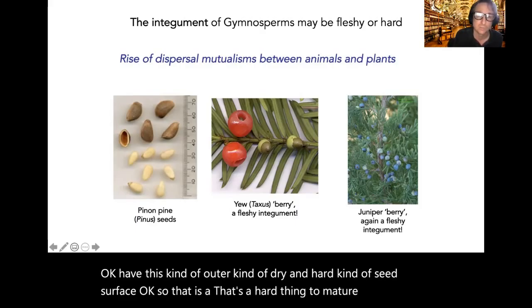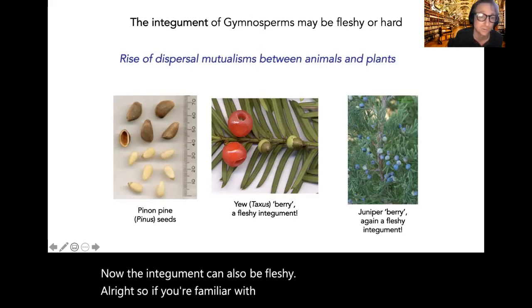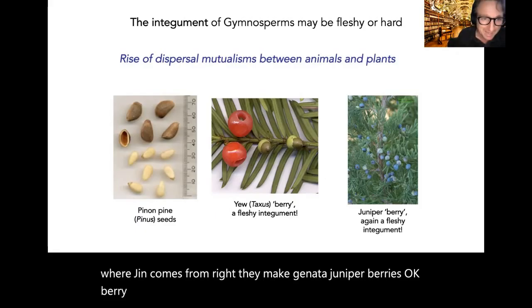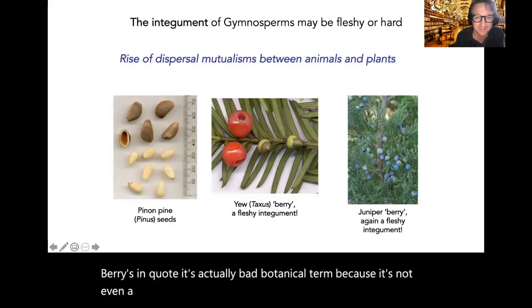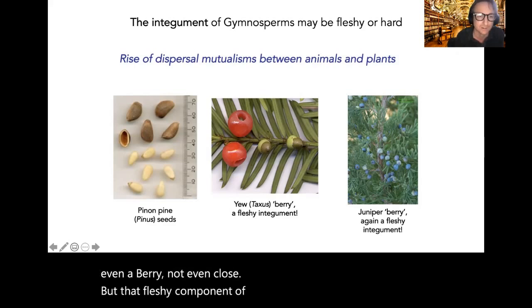Now the integument can also be fleshy, right? If you're familiar with yew berries or juniper berries, if you know where gin comes from, they make gin out of juniper berries. Berries is in quotes. It's actually a bad botanical term because it's not even a berry, not even close. But that fleshy component of a yew berry or a juniper berry is a fleshy integument.